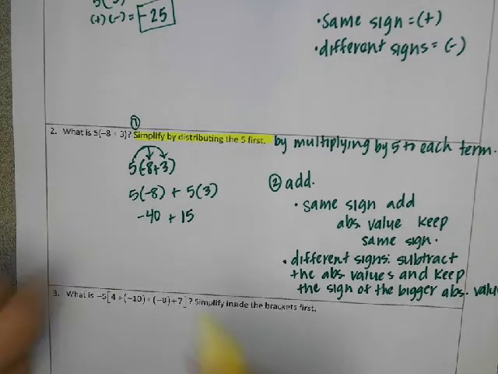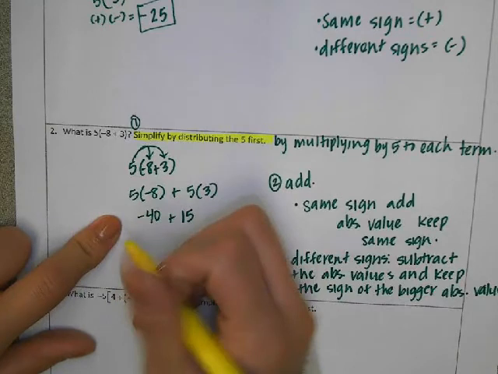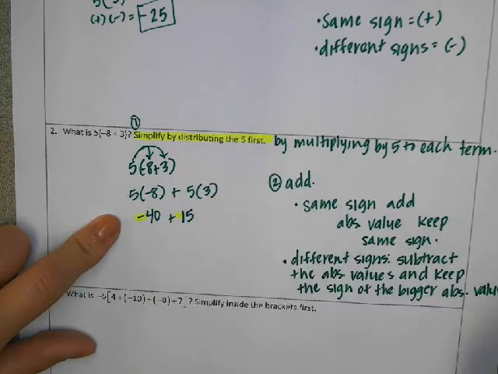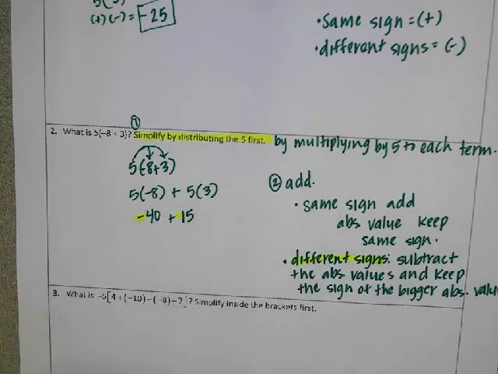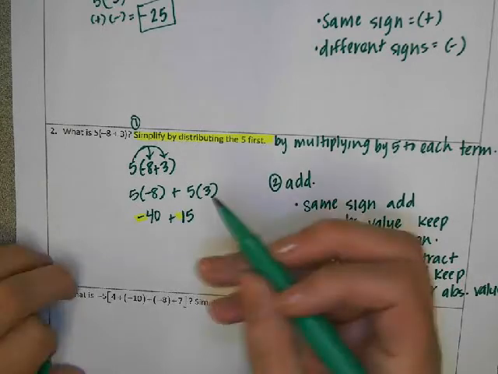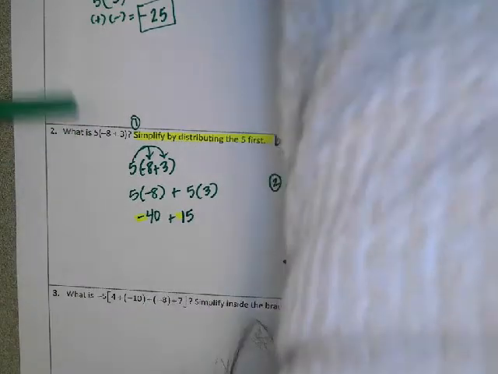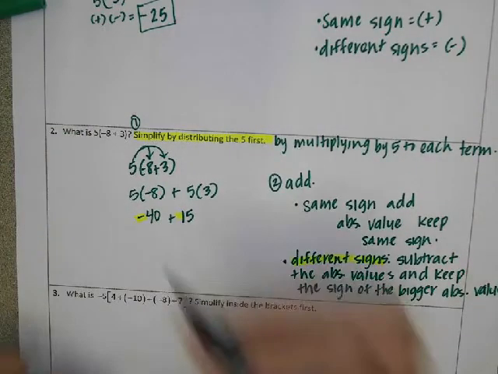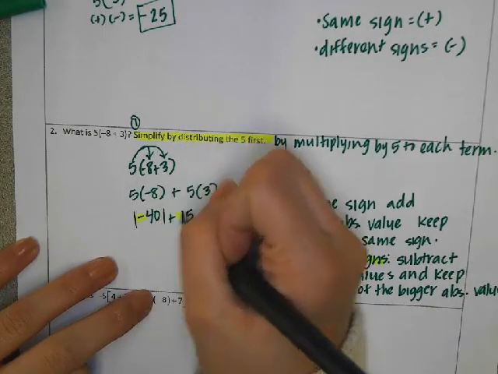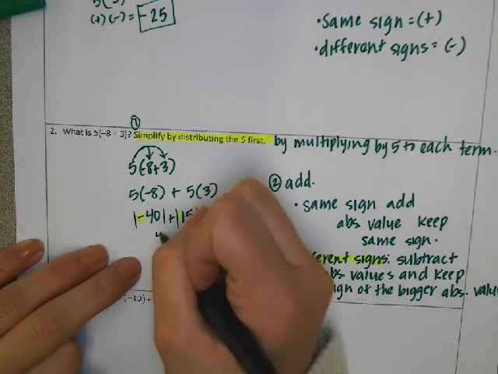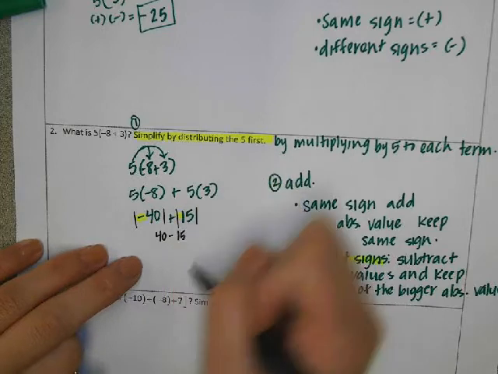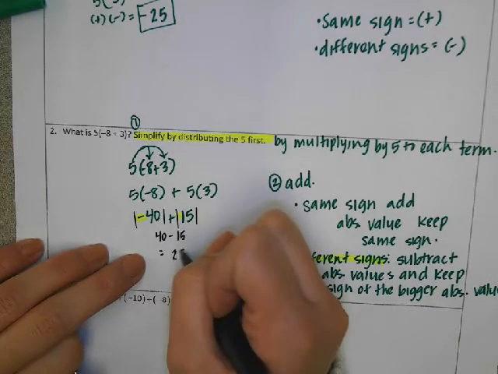So in this case, I have a negative 40 and I have a positive 15. So I have different signs. So I know I need to subtract. I'm going to use a different color, I think, to show this. Still write this down, subtracting the absolute values, right? 40 minus 15 equals 25.